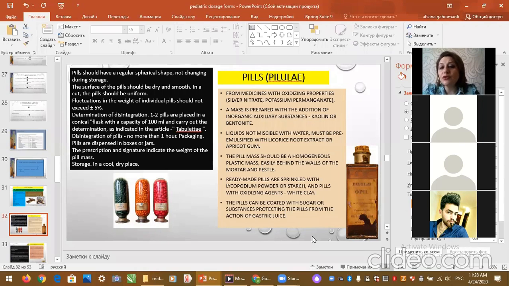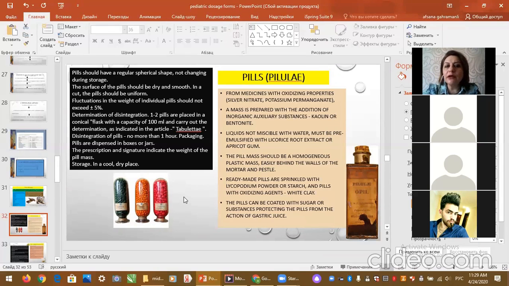The pill mass should be a homogeneous plastic mass that easily comes off the walls of the mortar and pestle. Ready-made pills are sprinkled with lycopodium powder or starch, and pills with oxidizing agents with white clay. The pills can be coated with sugar or substances protecting the pills from the action of gastric juice.